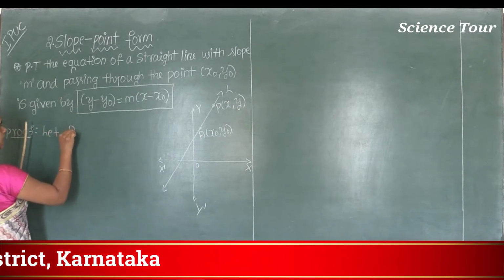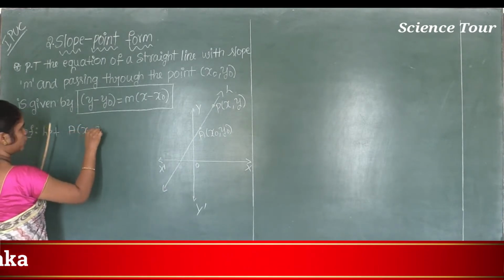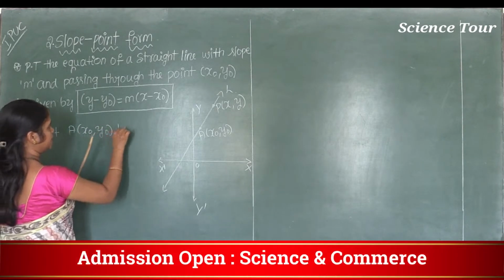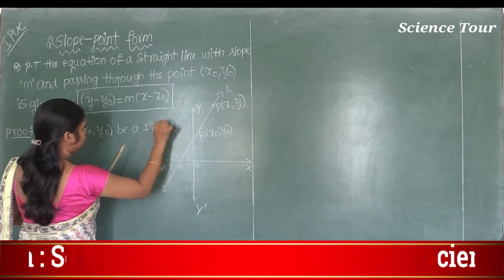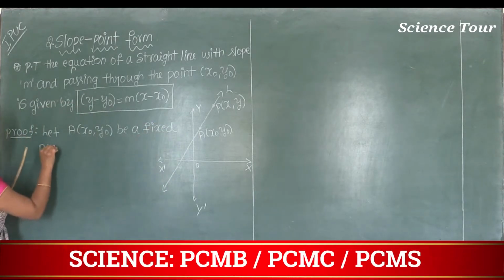So here I will consider, let capital letter A of x naught comma y naught be a fixed point.